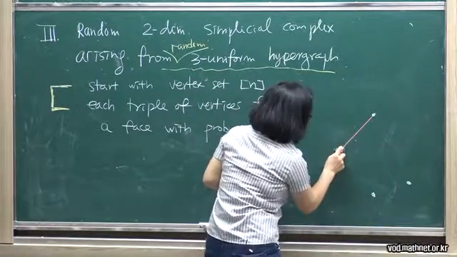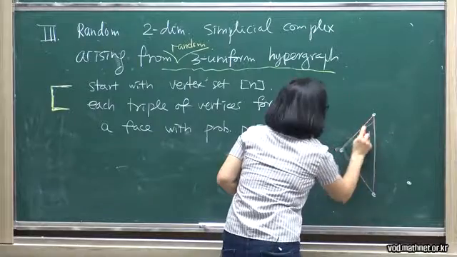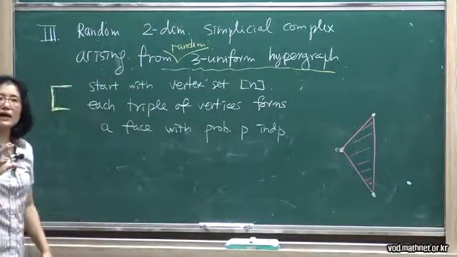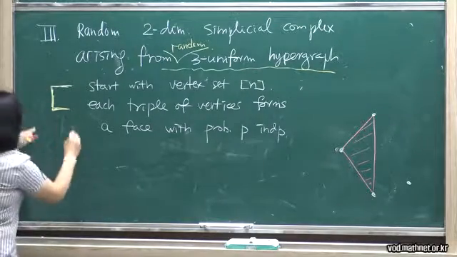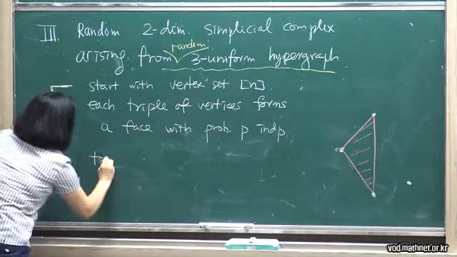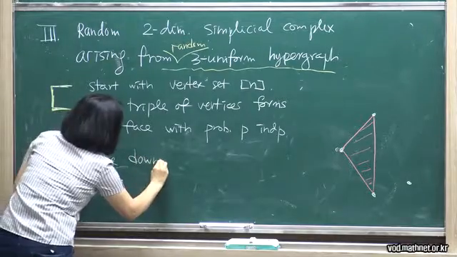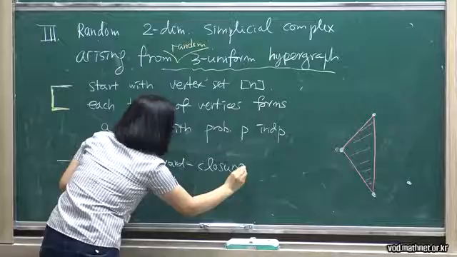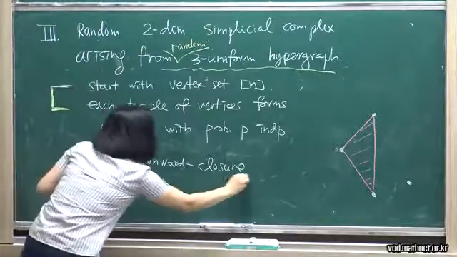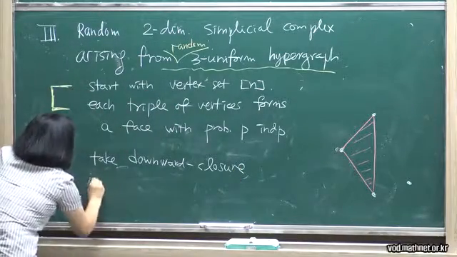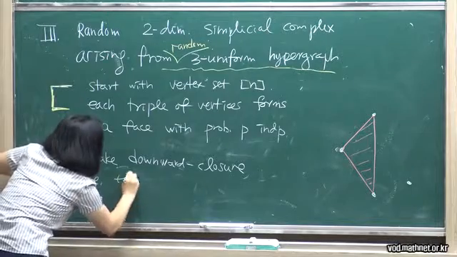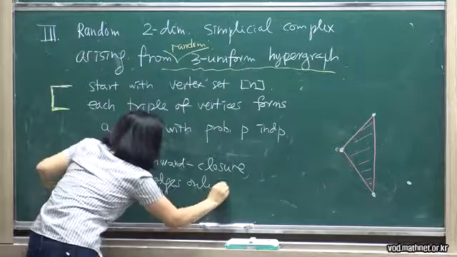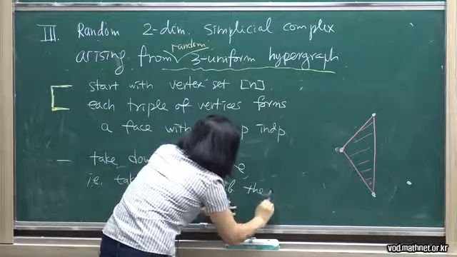As before, I used the same example. This forms a face. It's not a simplicial complex yet. I have to take the downward closure. It becomes clearer, meaning that we take the edges only if they are contained in a face.